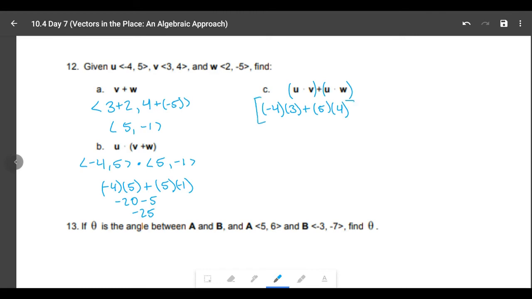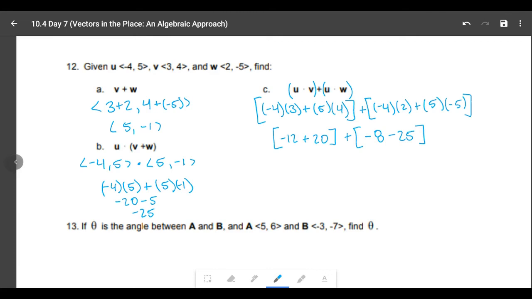Whatever that answer is, we are going to add it to the dot product of u and w. So that is going to be negative 4 and 2 plus 5 and negative 5. So we end up getting negative 12 plus 20 plus the quantity of negative 8 minus 25.